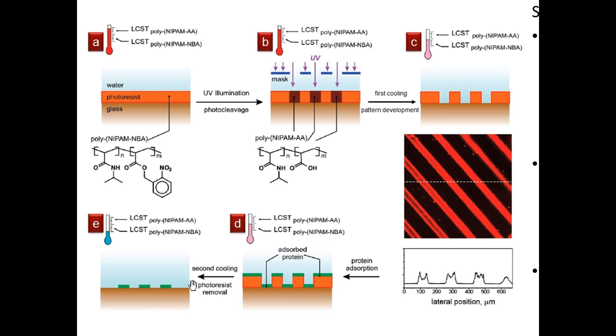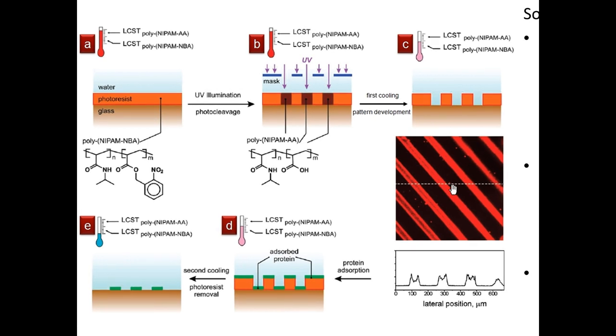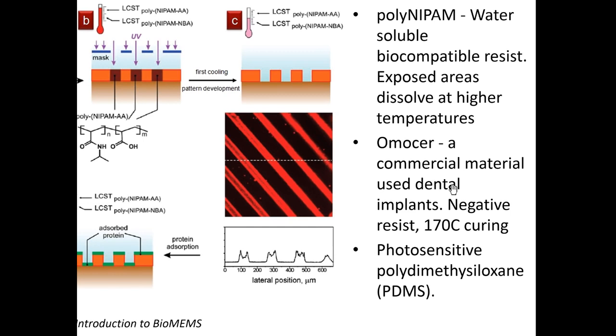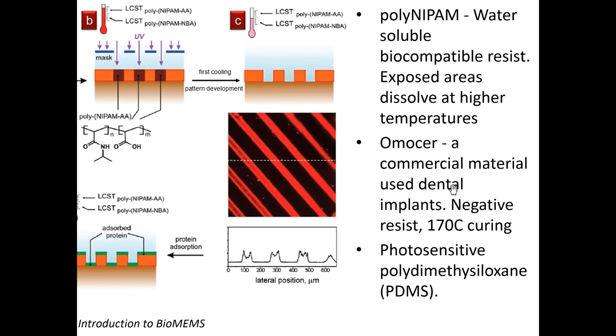So you couldn't do protein patterning like this if you had to use a traditional photoresist and a traditional development solution, because it would destroy the proteins. So, other examples of biocompatible materials. This particular material is commercially available.